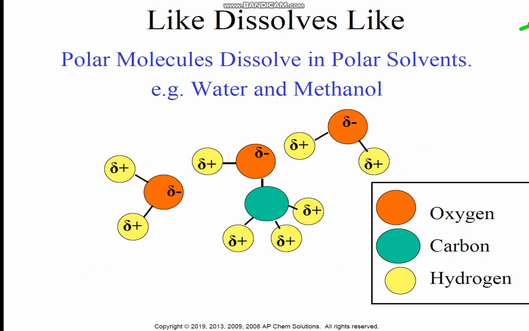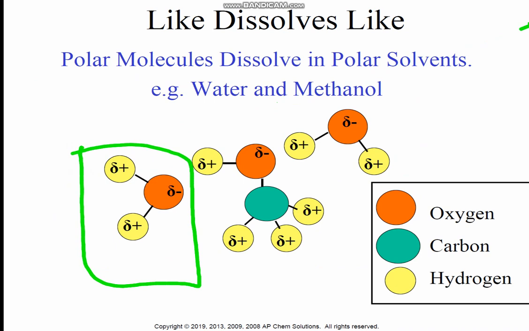All right, here we have water. Here's a water molecule, and in the middle here, we have our methanol molecule. On these molecules, the oxygens on both of these have two lone pairs. So what you see here with a polar water molecule and a polar methanol molecule is that the oxygens in the water acquire a negative charge, and that same thing actually happens with the methanol.